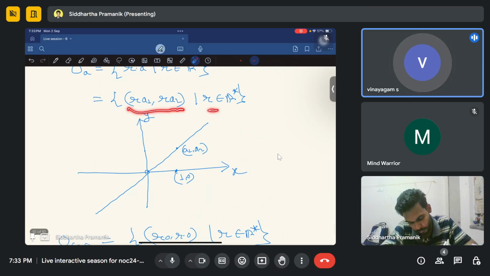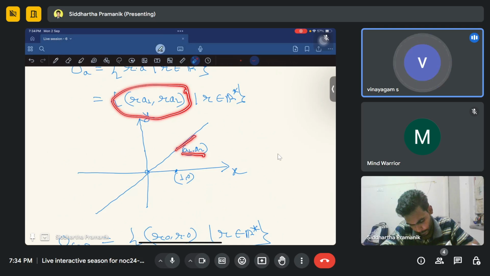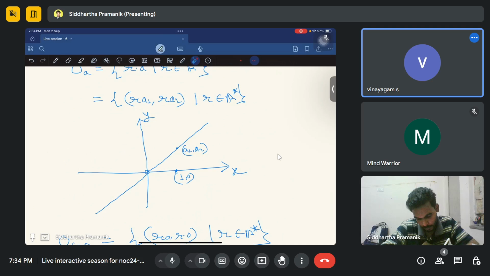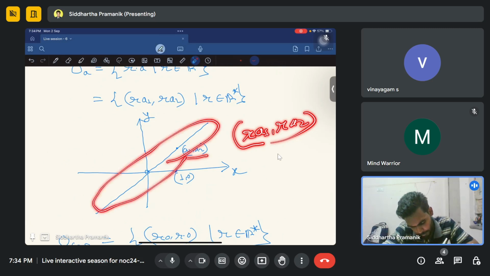Is r varying only on this line, or is r any real number? r is only a real number, but this set is a multiple of (a1, a2), so it is on the straight line only. (a1, a2) is a point, and (r a1, r a2) lies on this straight line passing through (a1, a2).